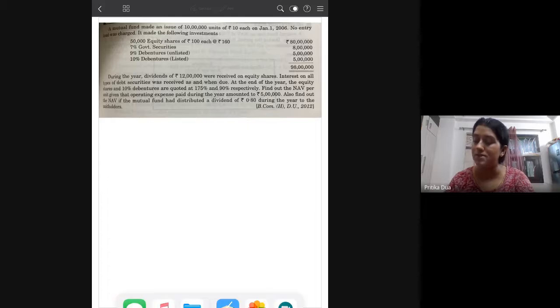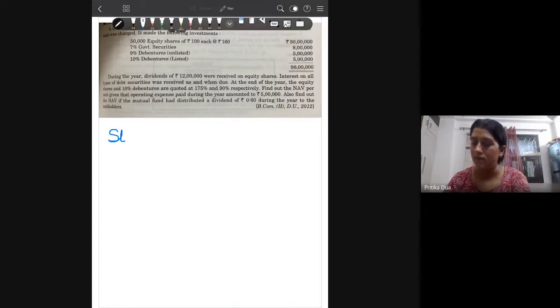So first step, because we need to calculate the NAV, we need to calculate the value of the assets held by the mutual fund. One thing to be noted here is that out of 100 lakh that has been raised from the mutual fund, the investment made is only 98 lakhs.